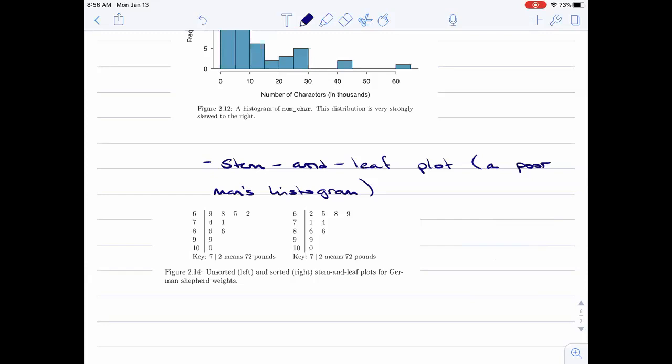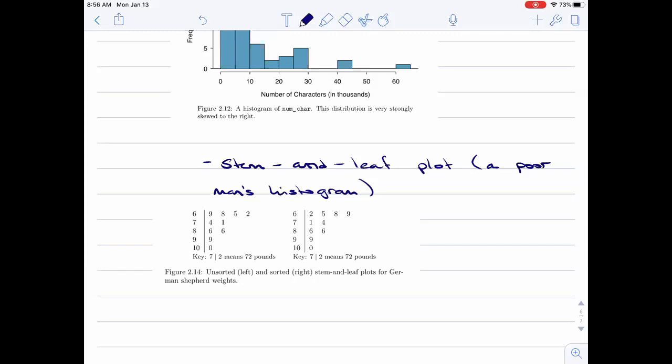What you'll notice, regardless of whether these are sorted or unsorted, is that if you lean your head this way, does this look like a bar? This look like a bar? This look like a bar? And so now you're back to this histogram.